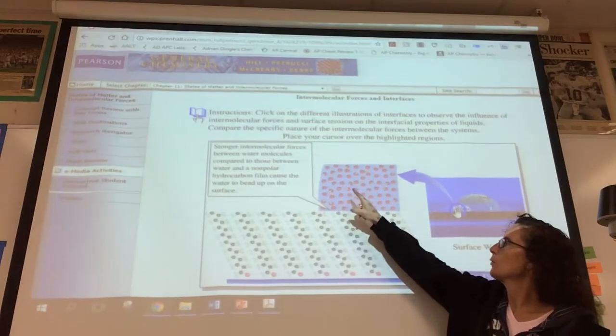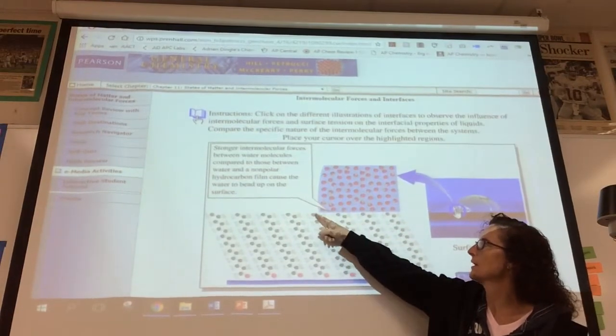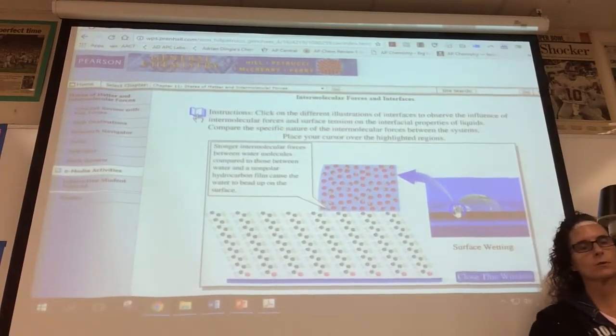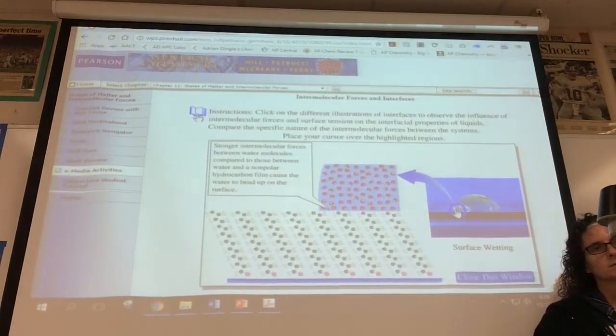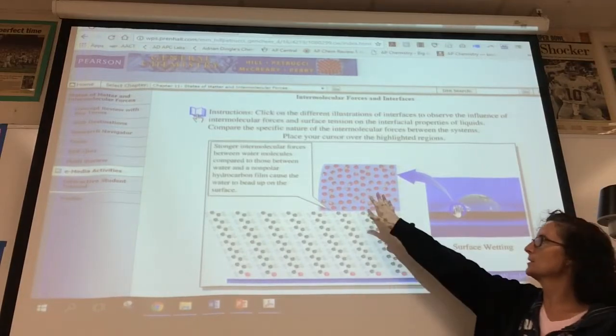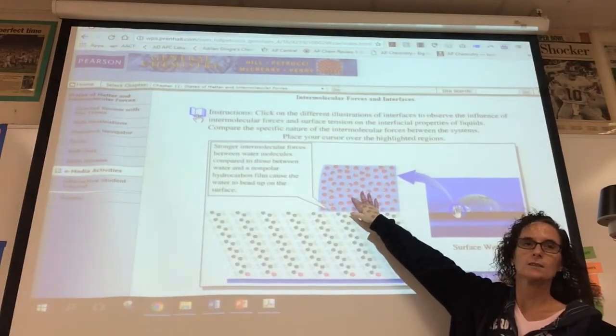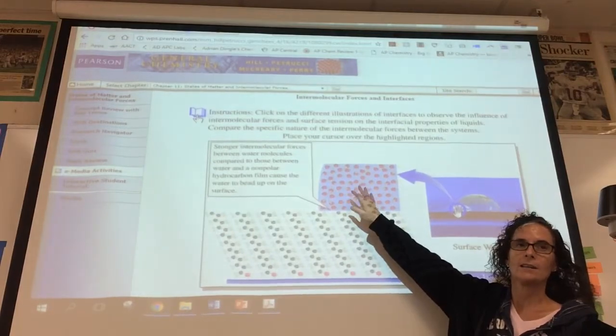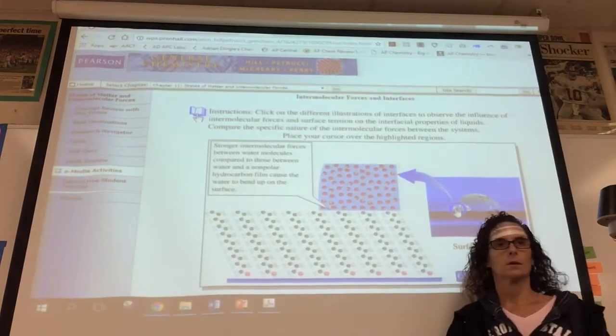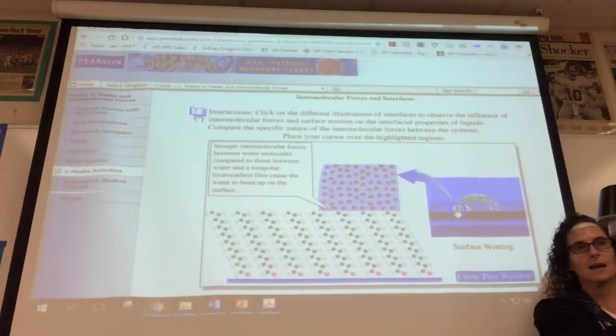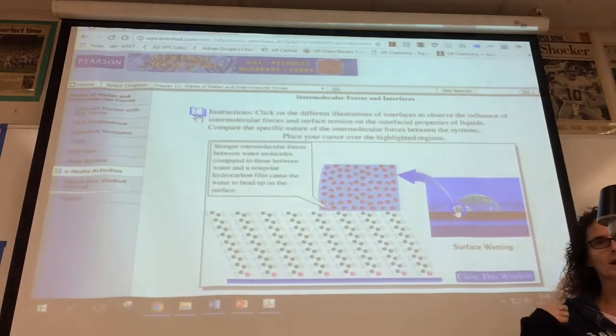And in order for this to hook to this, what's the only type of force it can form? LDFs, because that's the only one it has in common. So it takes a certain amount of energy to break these all up, and then it takes energy to form only LDFs, and that's not going to be favorable compared to all of these.